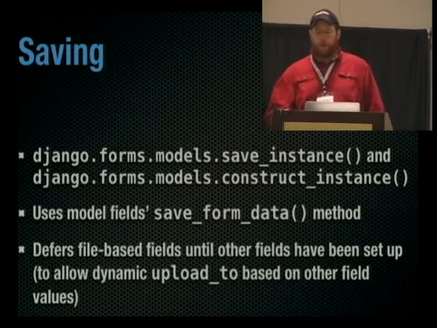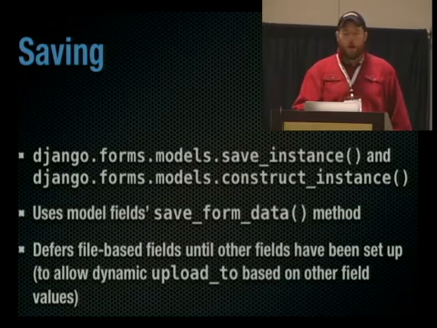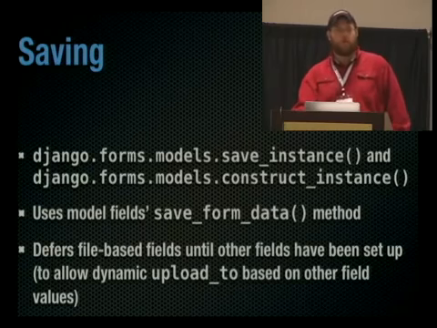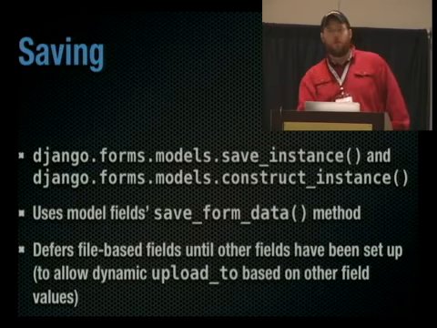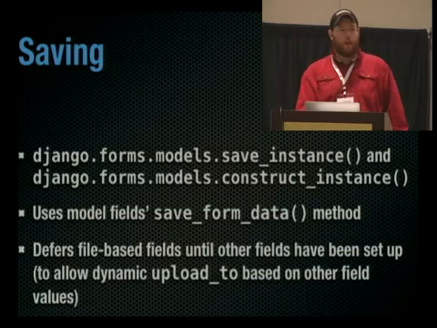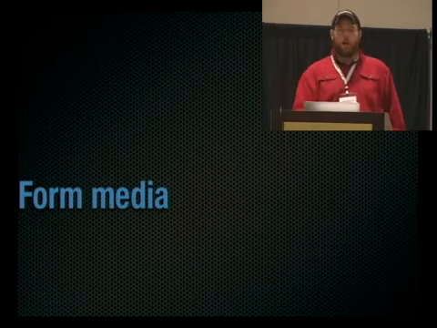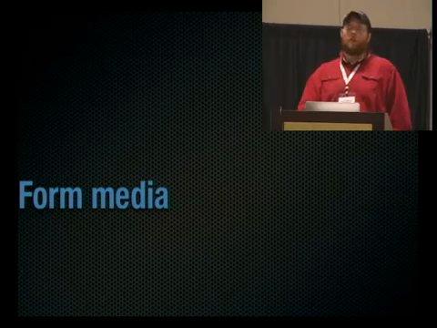File-based field saving has been deferred, basically because we want you to have the ability to choose where to save the file based on other field values in the model. So keep in mind that that's generally the last thing that happens during saving. Anybody have any questions about that? Hopefully that makes a little bit of sense as to how a model form works now that you know all the components.